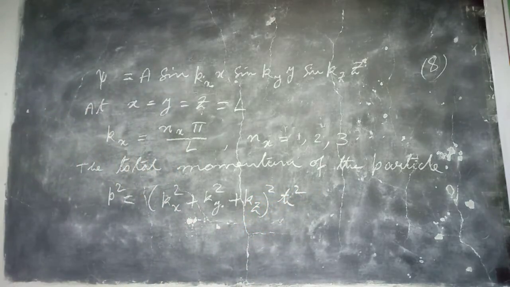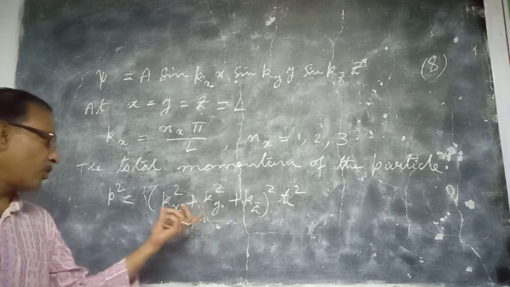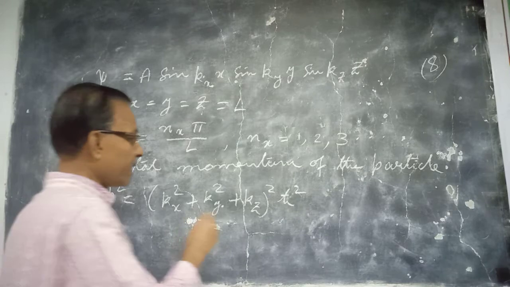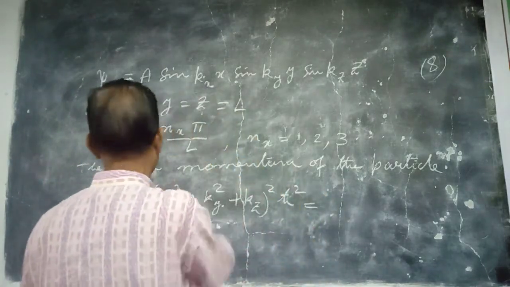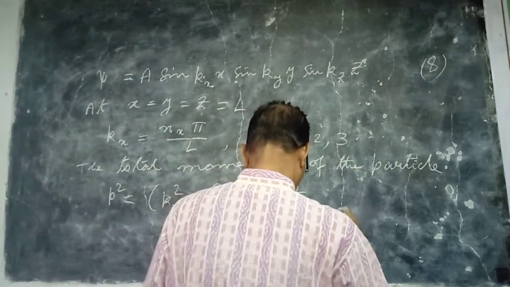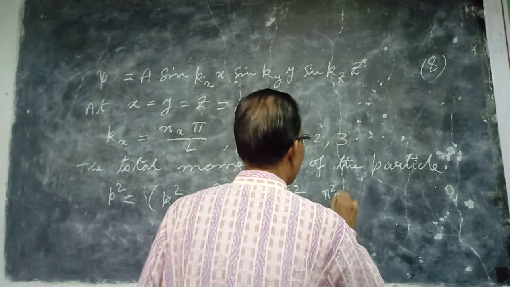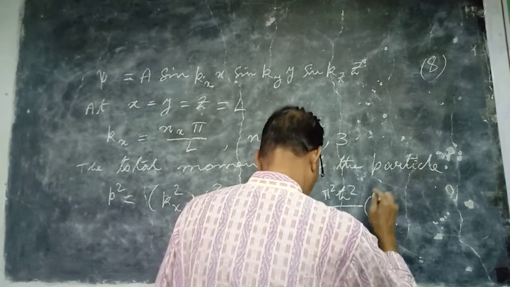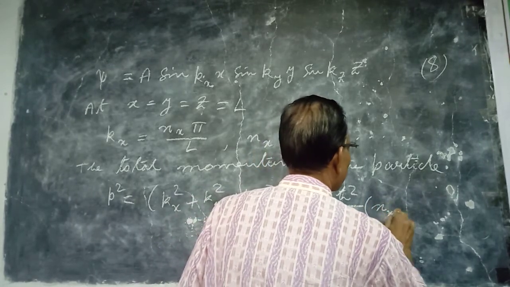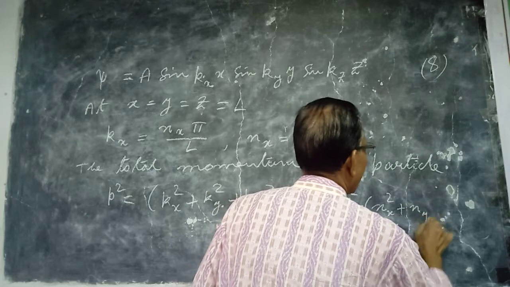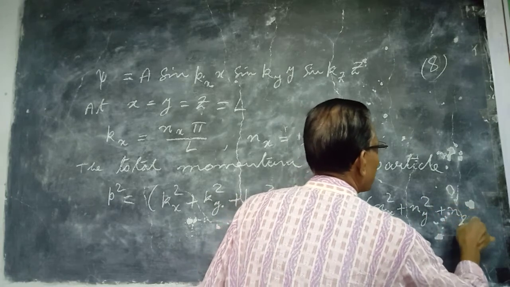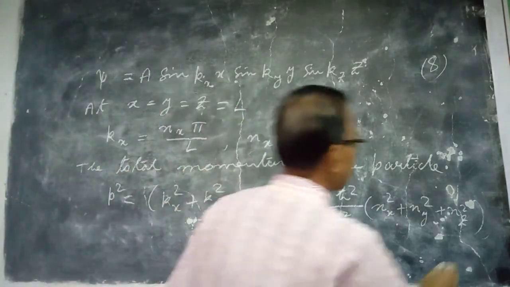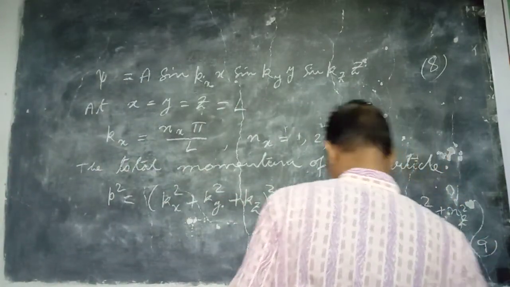We have p equal to h cross k, so p square equal to h cross square k square, where k has three components. If we substitute the value of k here, you get pi square h cross square by L square times nx square plus ny square plus nz square. This is your equation number 9.